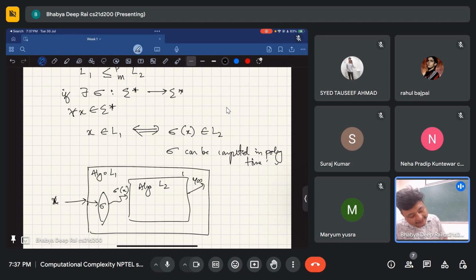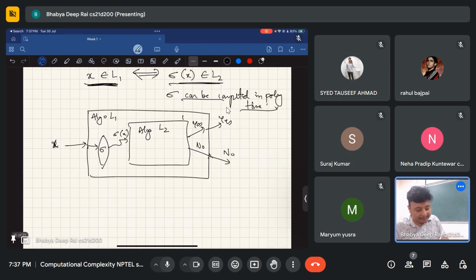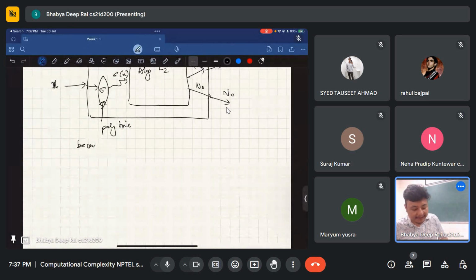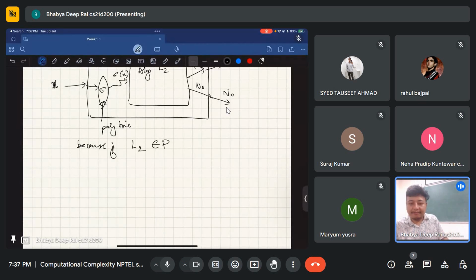If algorithm 2 says yes, then I say yes. If L2 says no, then I say no. This is what is actually happening. If x is in L1, sigma of x is in L2. Because it's an if and only if, if x is not in L1, then sigma of x is not in L2. And sigma can be computed in polynomial time. Now, why is this interesting? Because if L2 can be shown to be in P, then L1 can also be shown to be in P.